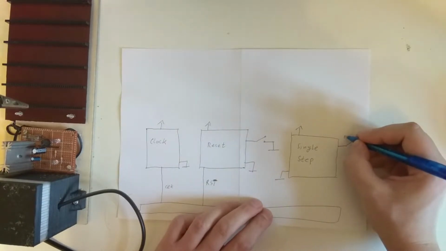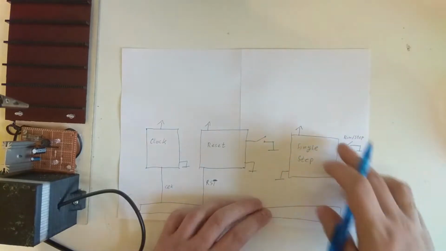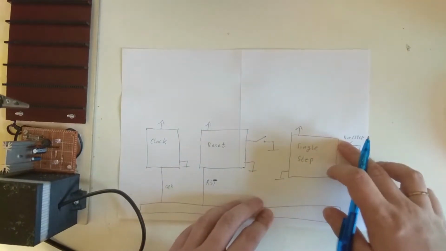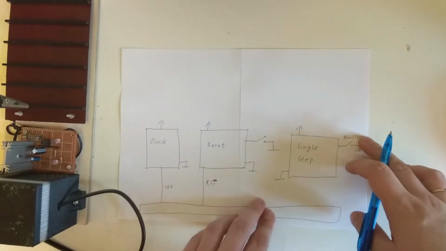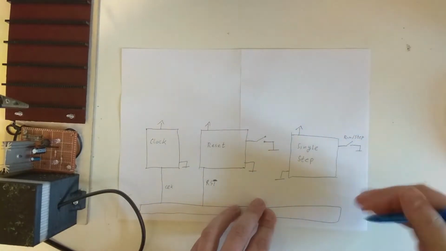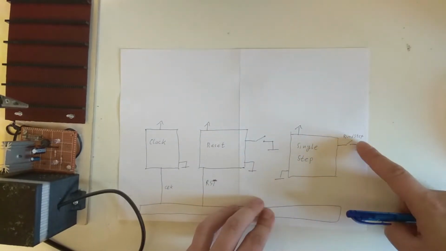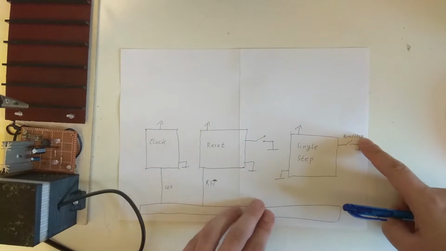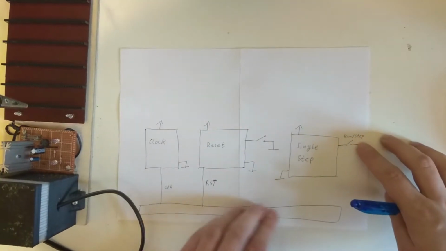One that decides run and step. If it's on run, it's free running, and if it's on step, then we can single step the CPU. And this is immensely helpful for debugging because in single stepping mode, it will execute a single instruction and then go into a wait state. And that's great for debugging.